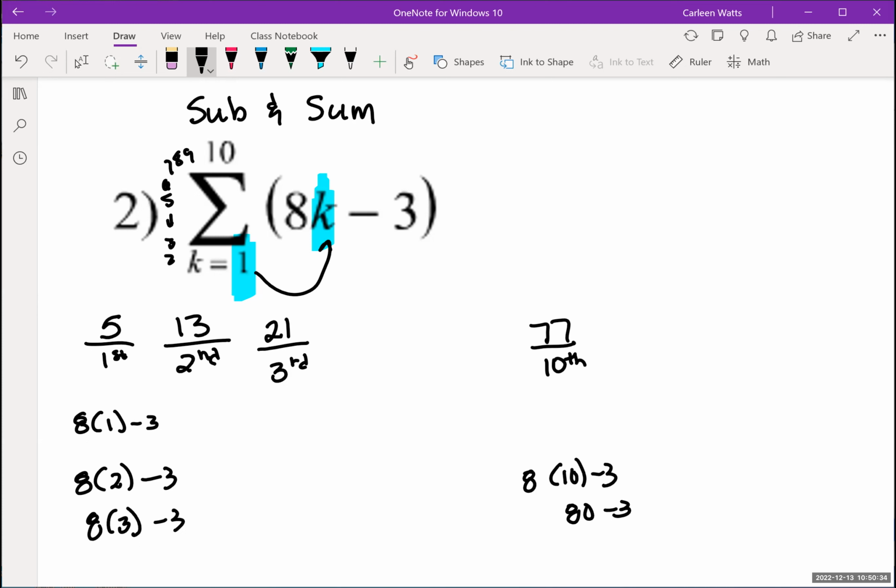Now notice, how much is the jump? 8. You could just go 5 plus 8 is 13, plus 8 is 21, plus 8 is 29, plus 8 is blah, blah, blah. Yeah?